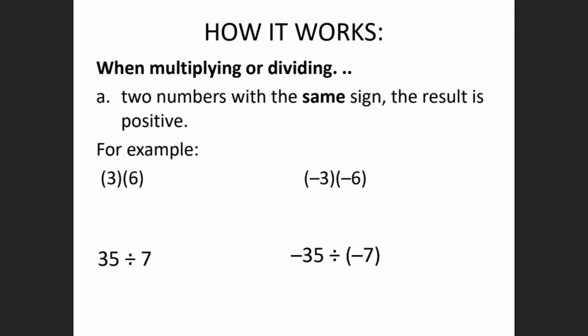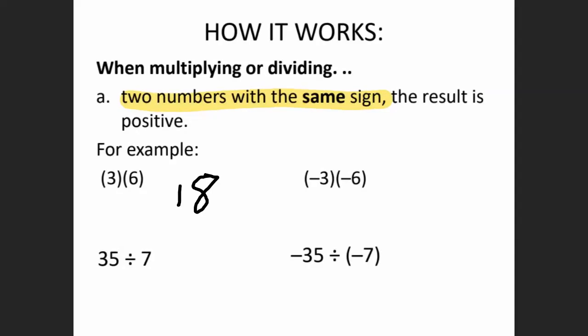Now, just to brush off the cobwebs, when you multiply, if two signs are the same, whether they be two positive or two negative, you are going to have a positive answer. And as you will see, 3 times 6 is a +18.